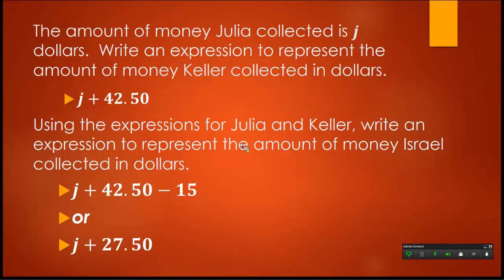Well, we would have j plus 42.50 minus 15, or we could simplify the 42.50 minus 15 and get j plus 27.50. So those would be our expressions for the three individuals. Julia is j, Keller is j plus 42.50, and Israel is j plus 27.50.